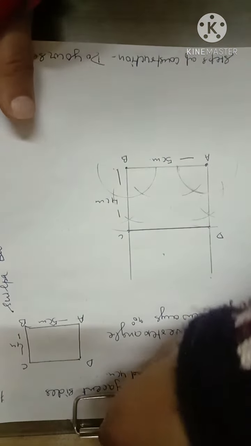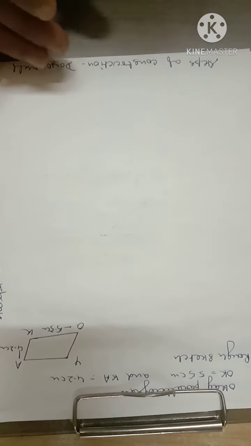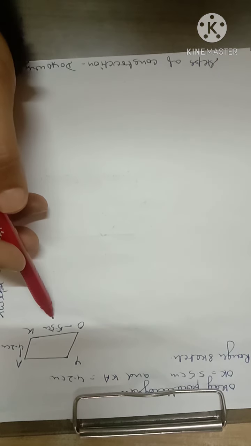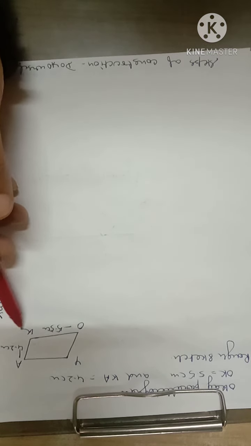Next question is question 4. You have to draw a parallelogram in which OK is given as 5.5 centimeter and KA is given as 4.2 centimeter.